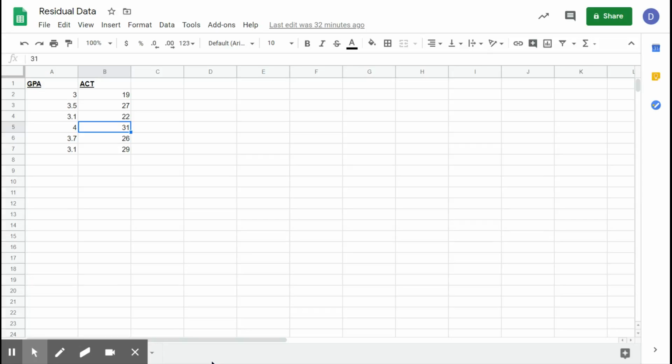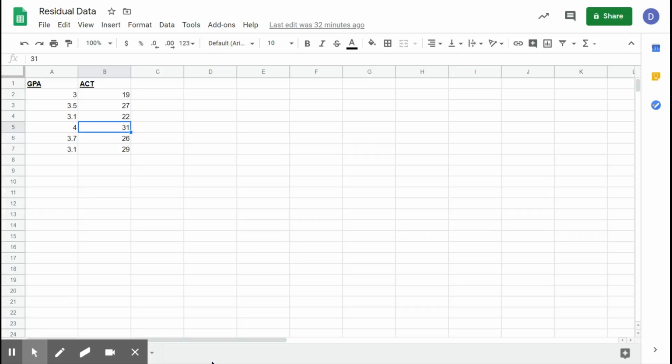So there's something called a residual plot, and it's pretty simple. It's just a scatter plot of the residuals, all right? And in the scatter plot, we're going to have the same x values.